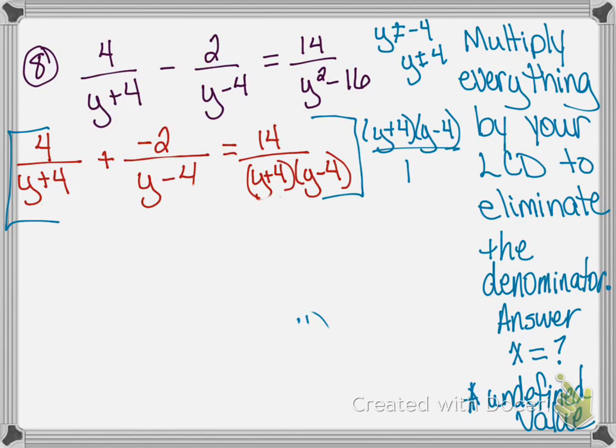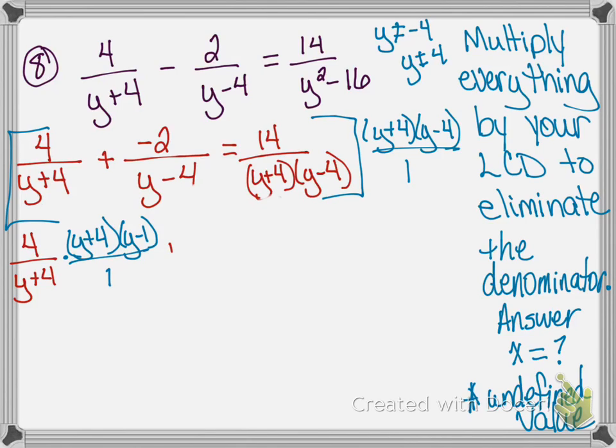Because when I do that, I am eliminating my denominators, which is what I want to do. So I'm going to have 4 over y plus 4 times y plus 4 times y minus 4.